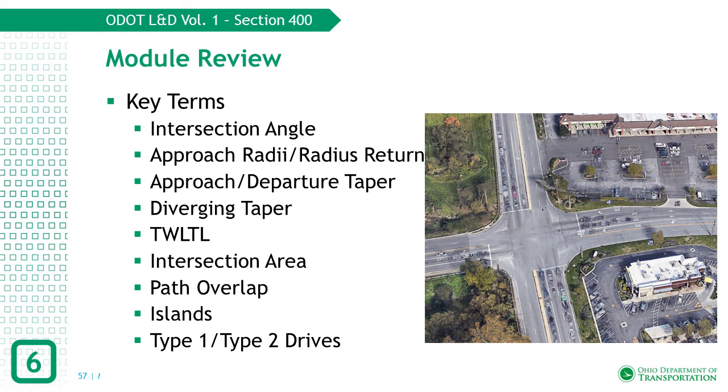Driveways were included in this module because they should be designed as minor intersections because they offer the same potential conflicting turning movements and challenges that intersection design offers. This module should have provided you with the understanding of how to design intersections that achieve proper sight distances and adequate space for vehicles to make their turning maneuvers.